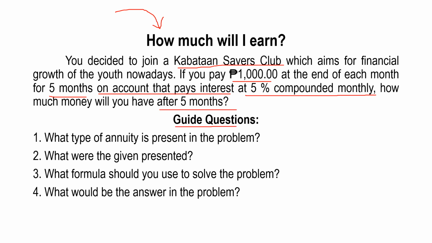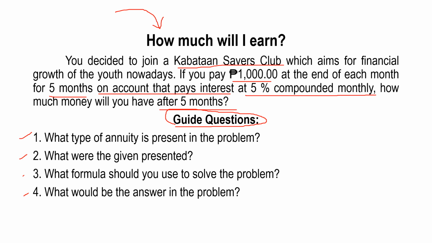So here are the guide questions. First, what type of annuity is present in the problem? So you're asked to describe what type of annuity is present in the problem. Second, what were the given presented? And third, what formula should you use to solve the problem?